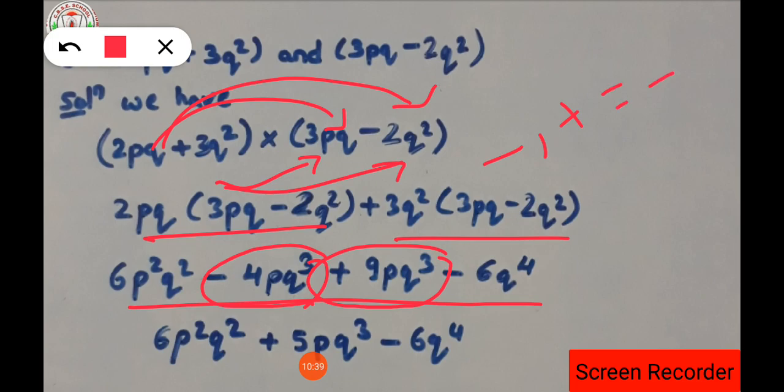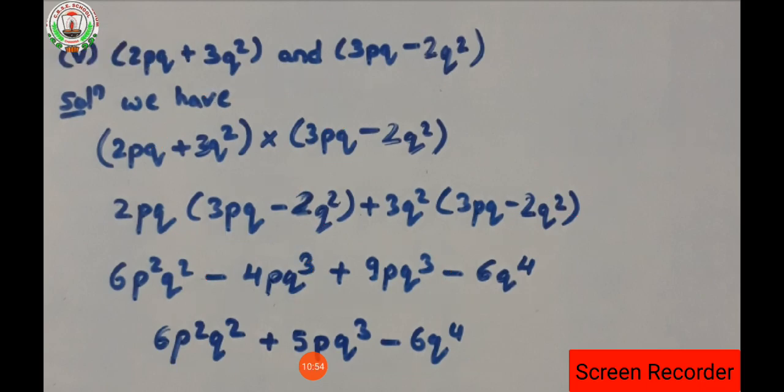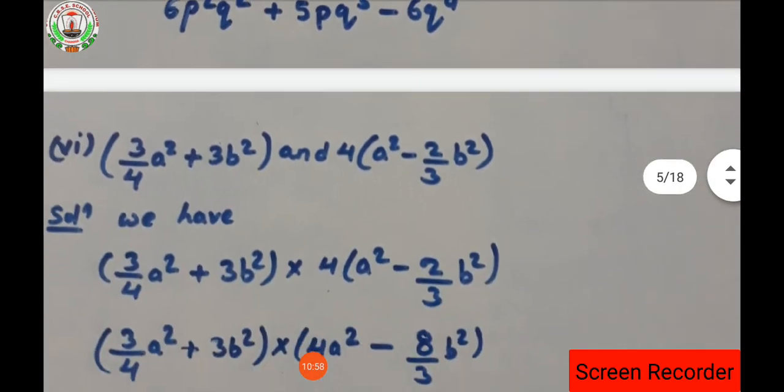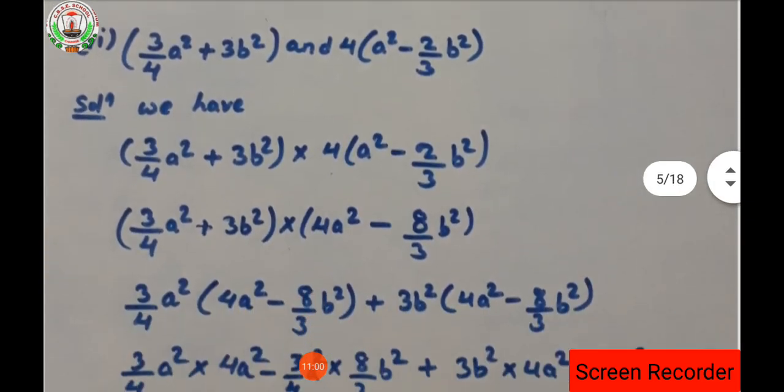So 9 minus 4 is how much? 5. As 9 is greater, plus 5 will come in the answer. So what is the answer here? 6p square q square plus 5pq cube minus 6q to the power 4. Clear everyone?